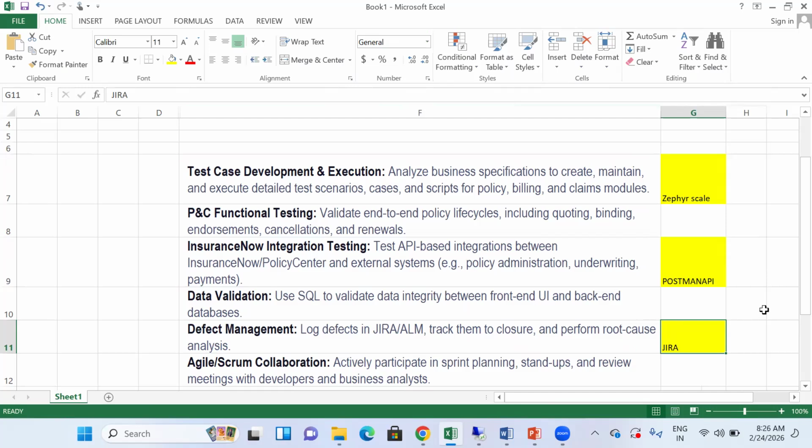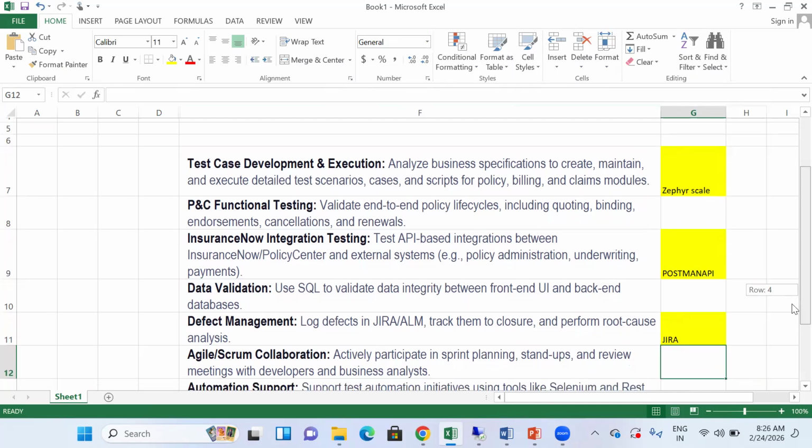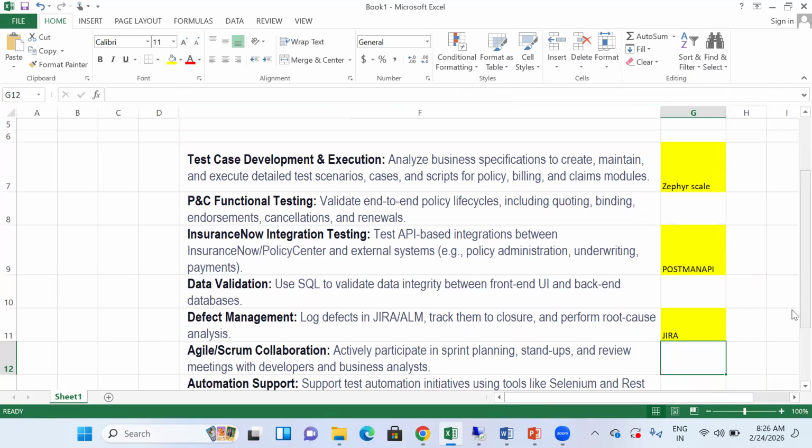Next, agile scrum collaboration is important, because now and then we are working in an agile environment wherein we must know how to participate in sprint planning and the different scrum ceremonies we have. In sprint planning, the user stories written by the BA are moved to the product backlog, and from there sprint planning is initiated.